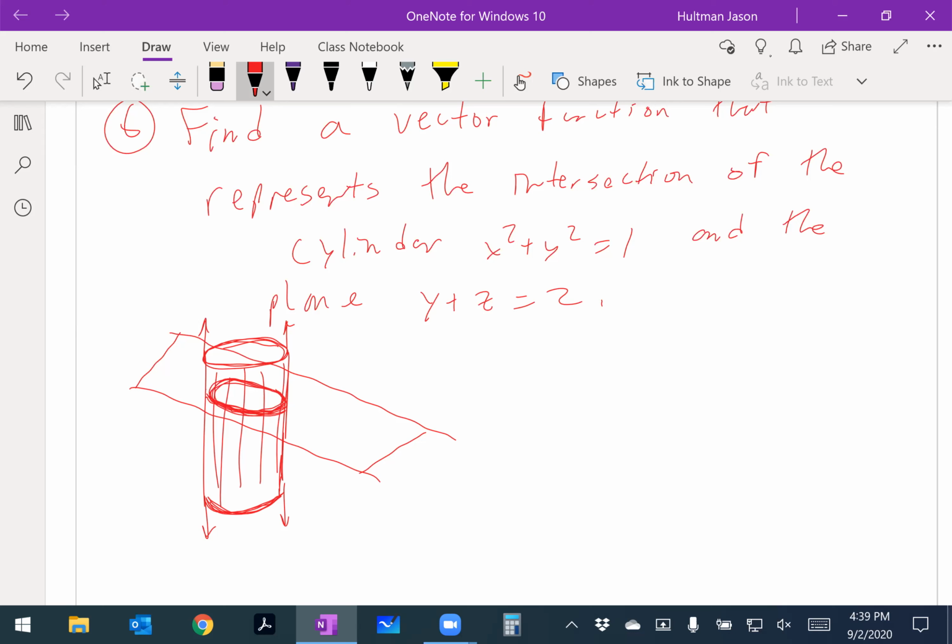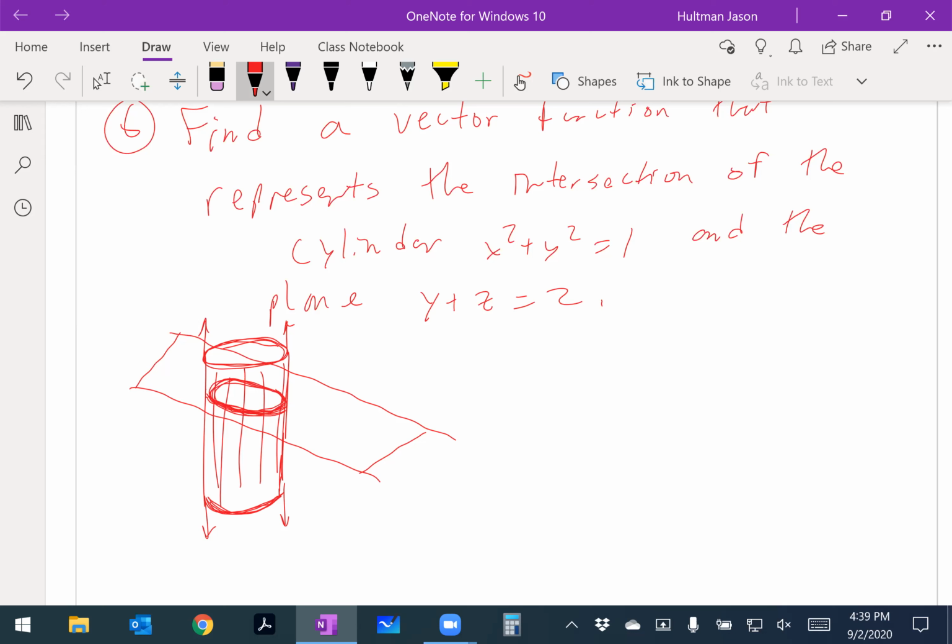Maybe I didn't draw it too well, but this should be an ellipse. Slicing it through. Okay, it looks like a circle. I apologize for that, but if I made my plane a little bit steeper, it would be an ellipse. So what is the ellipse?